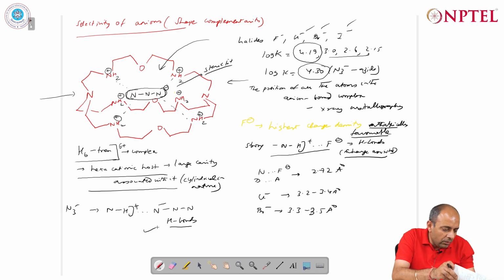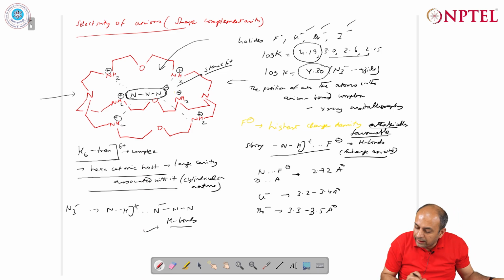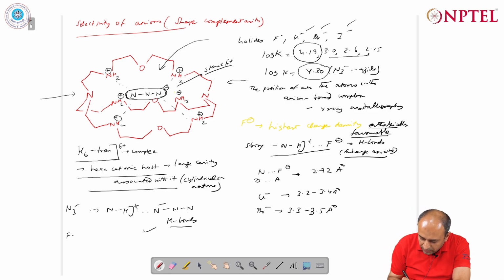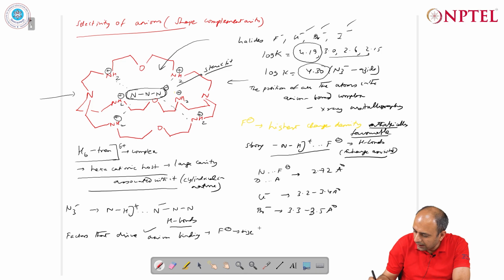So, this is what is very interesting. The factors that drive anion binding here: in the case of fluoride we saw it is the small size and high charge.